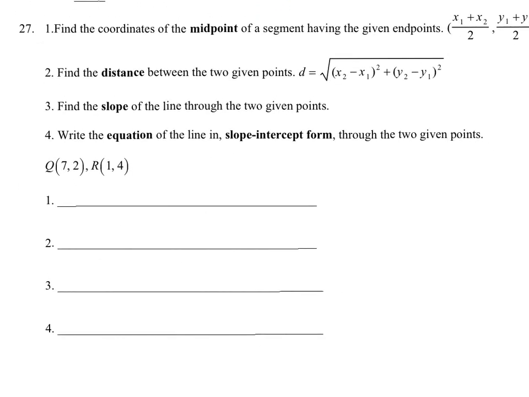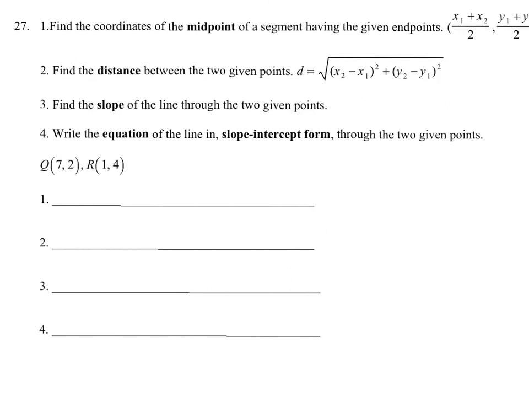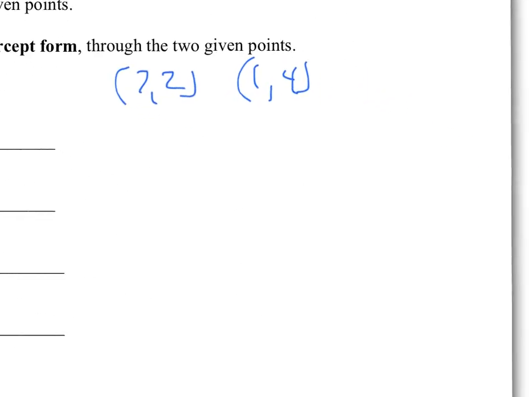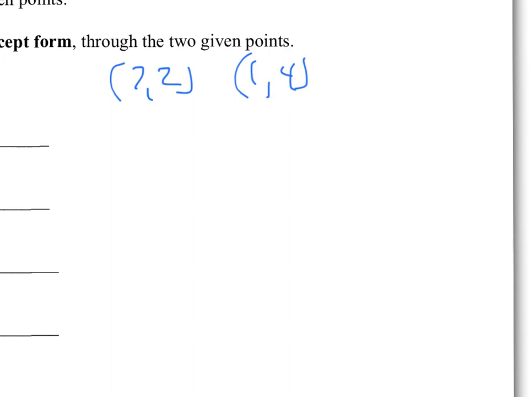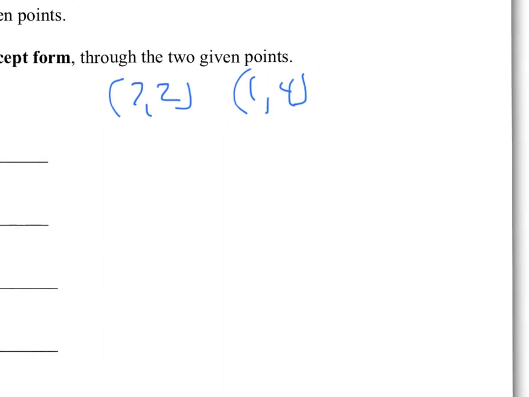Okay, this one, kind of a lengthy problem. We're going to find the midpoint. We're given 2 points. We're going to find the midpoint, the distance, the slope, and this equation in slope-intercept form. Let's start with the midpoint. Here are my 2 points, 7, 2, and 1, 4. The midpoint is where we take the x's and we add them, 7 plus 1 divided by 2.